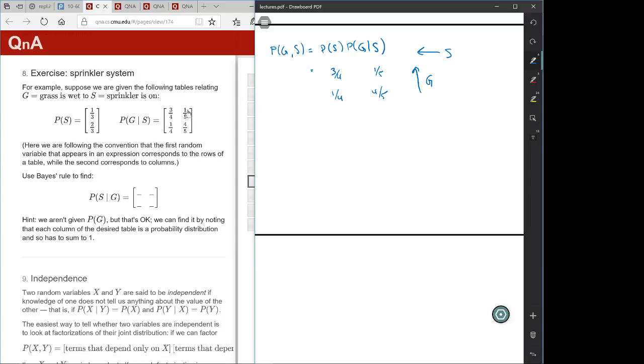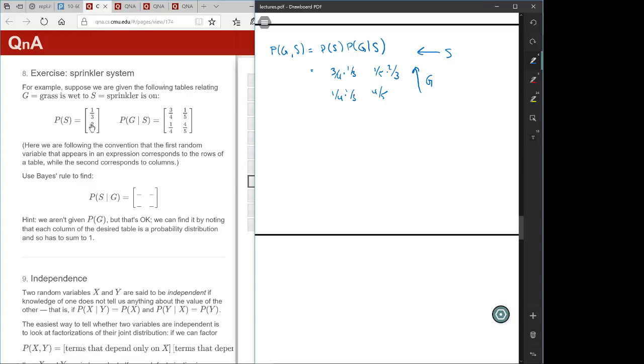All right, so now we're going to broadcast. We're going to take P of S, and S, as you recall, is the horizontal direction here, and we'll replicate it across the direction that isn't there. So G is not mentioned in this table, and so we'll replicate it across G. So for S, we have 1/3 there, and 2/3 there, and then 1/3 there, and 2/3 there, right?